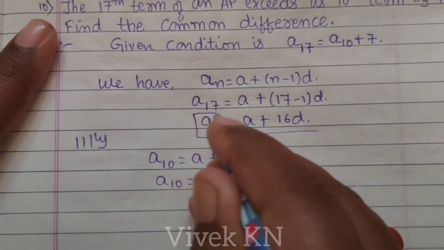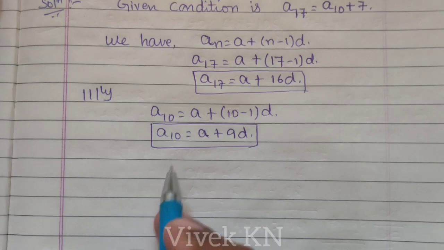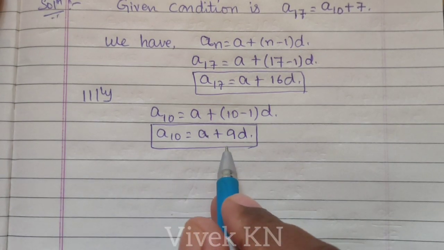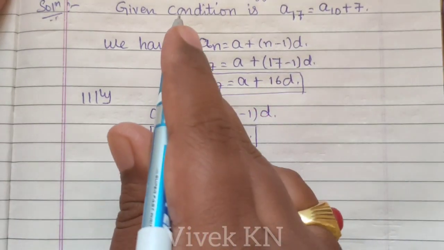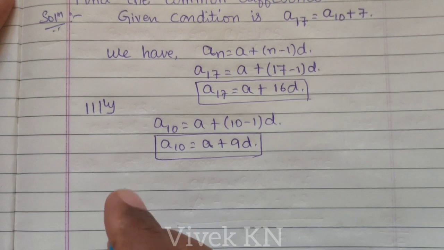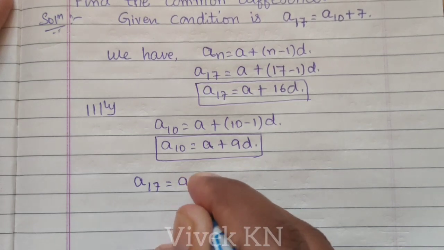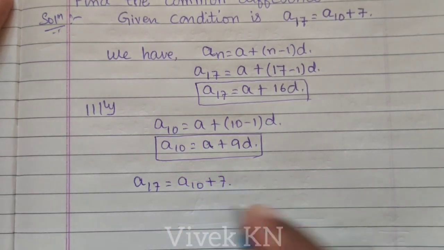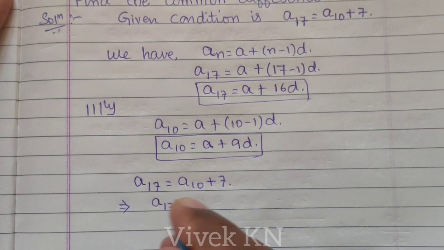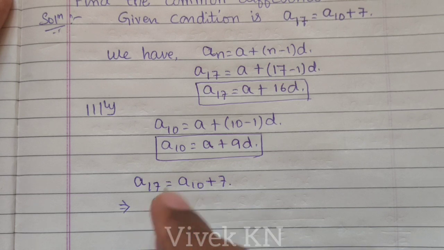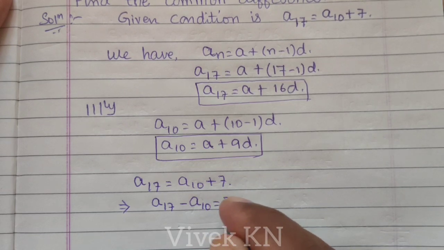This is the 17th term, this is the 10th term value. Substituting these two term values into this condition, we can easily find out the common difference. The condition is A17 is equal to A10 plus 7. This can also be written as A17, shifting this A10 to the left side, it becomes minus A10 equals 7.